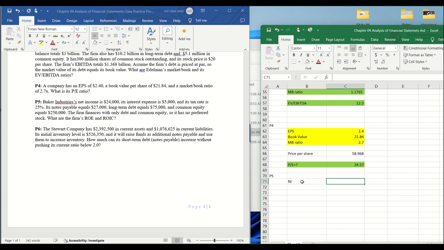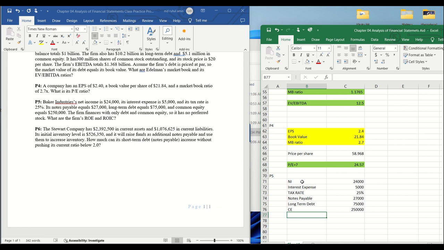Net income, NI, is 24,000, then interest expense is 5,000, then tax rate is 25%, then notes payable is 27,000, then long term debt is 75,000, then common equity is 250,000, and the firm finances with only debt and common equity, so it has no preferred stock.